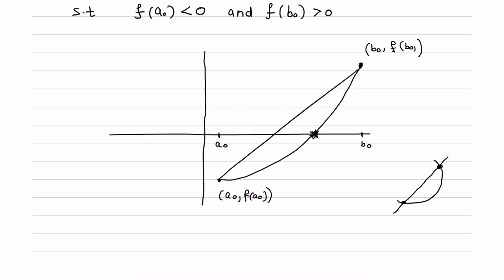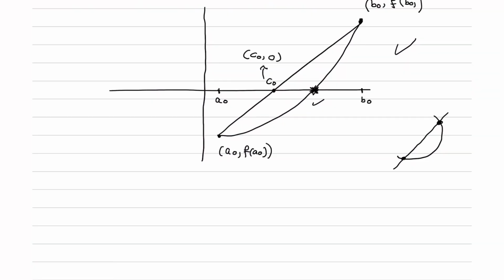This line cuts the x-axis at a point here and we are going to call it C0. Precisely this point will have the coordinates C0, 0, because on x-axis y is 0. So we are calling C0 the first false point. It is false point because it is not the root but it is closer to this root.